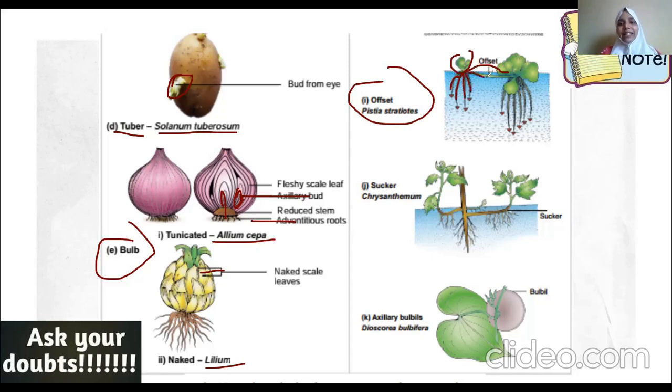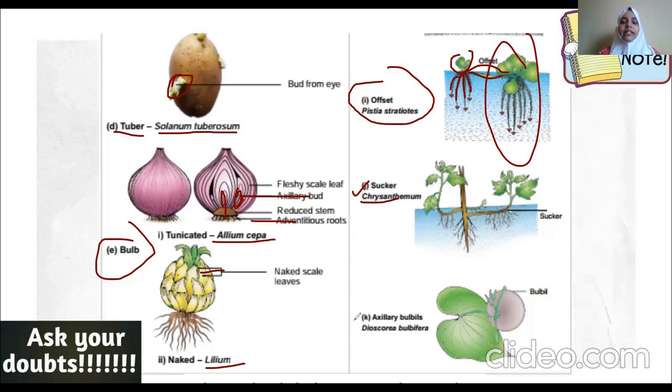And if one extends to some other place, let's say in search of nutrition, and then it comes in contact with the substratum and the nutrition, it is capable of developing into a whole new plant. Then another example is a chrysanthemum, which is a sucker plant. So even they grow like that. Yes, wherever they find nutrition, they will grow. They will extend their roots, and from the roots, new plantlets will come out.